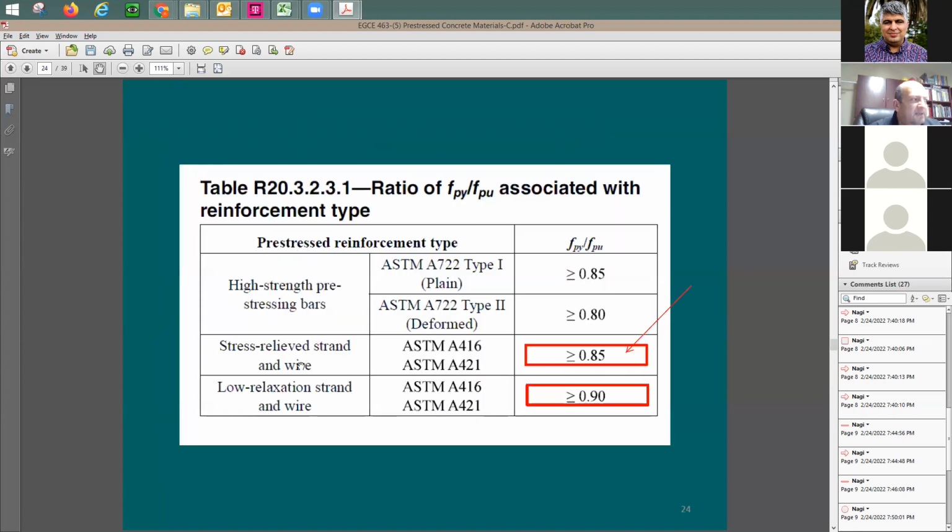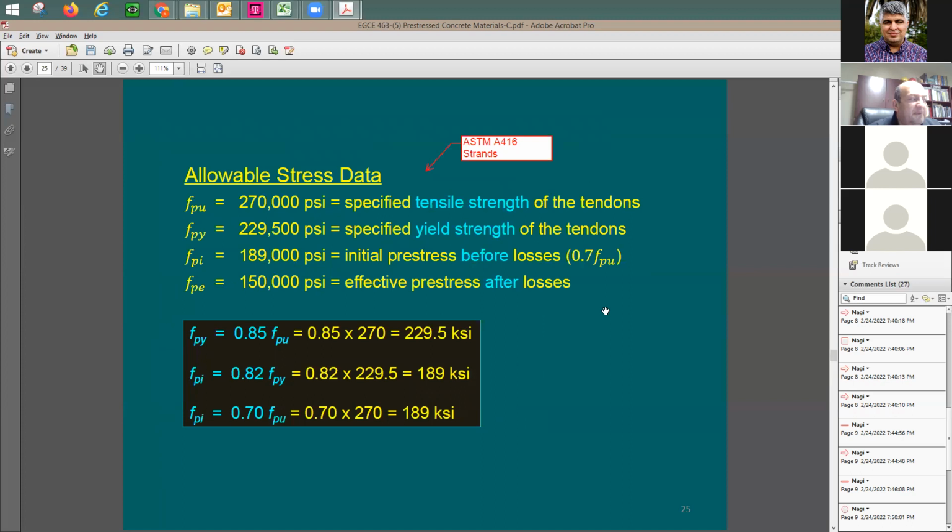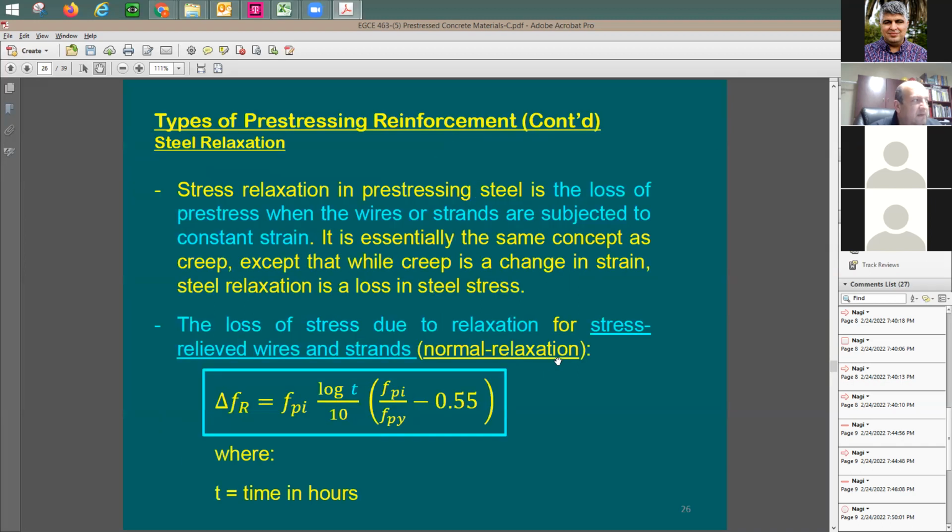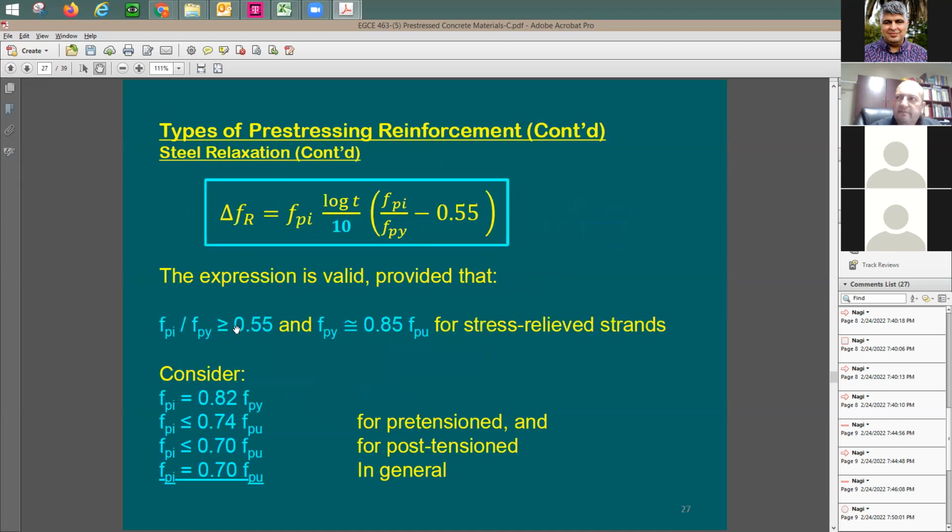I'm not talking about this. This is FPY divided by FPU. I'm talking about FPI divided by FPY. You can see, what ratio did we use? What's the ratio between FPI, the instantaneous, to the yield? You can say, I have used 82%. Good. This is going to be more than 0.55. So I'm good. I should be able to use this equation.